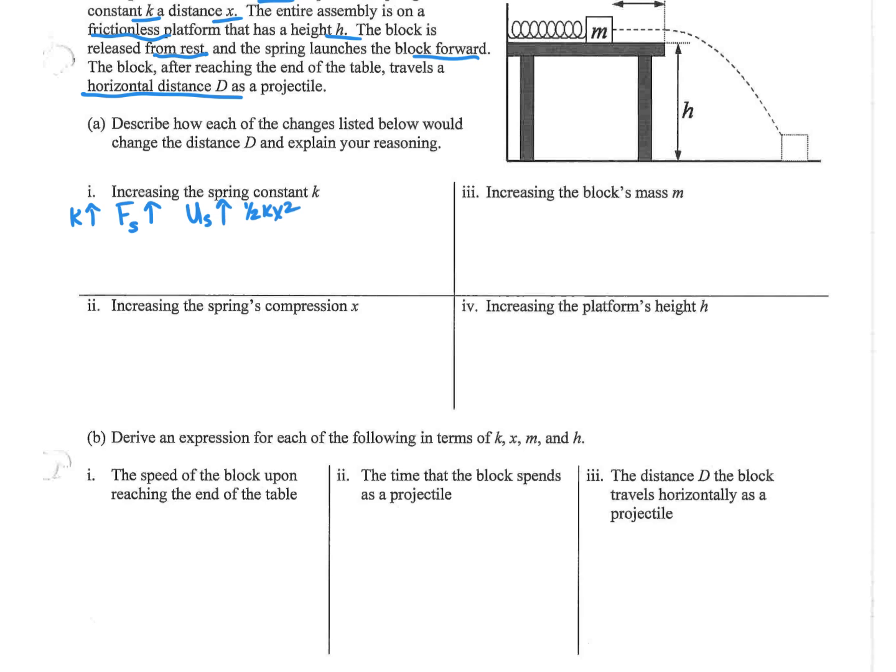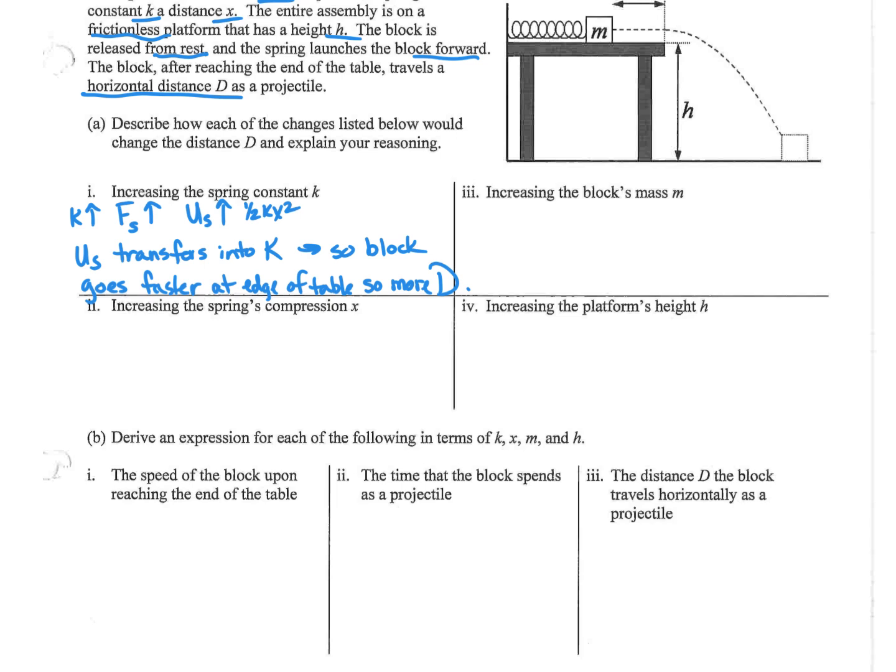So if we have more U sub S, then that U sub S is going to be transferred into kinetic energy. So the block goes faster at the edge of the table. So more distance D. It goes further. If it's going faster, it goes further.